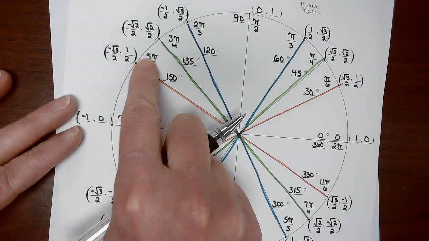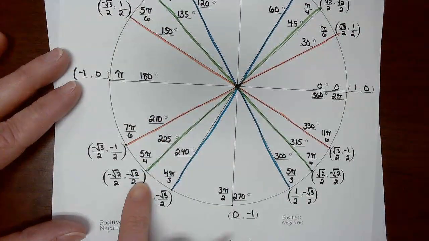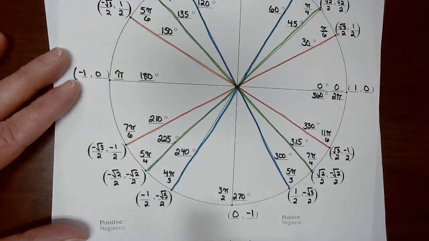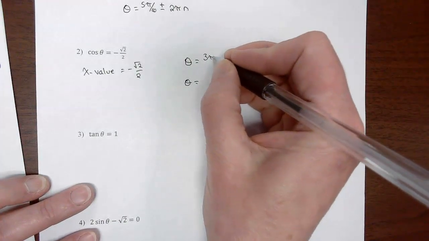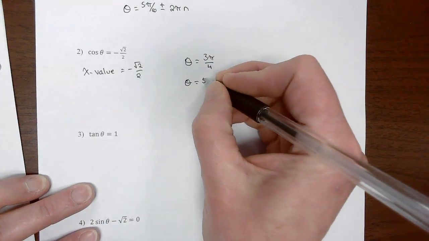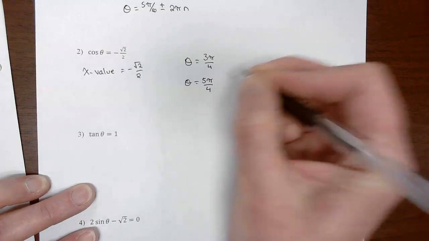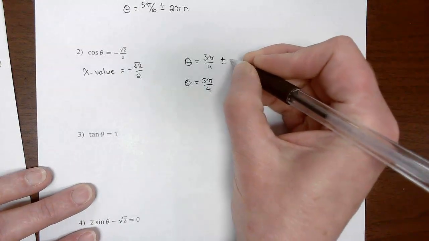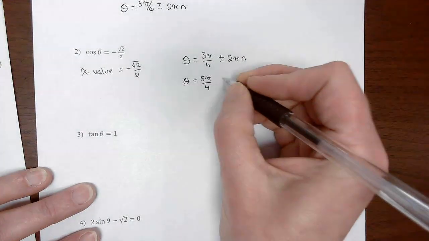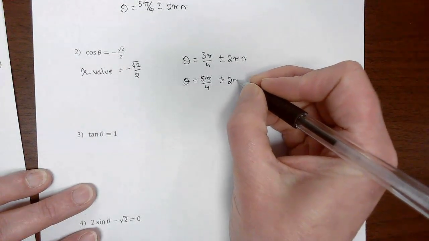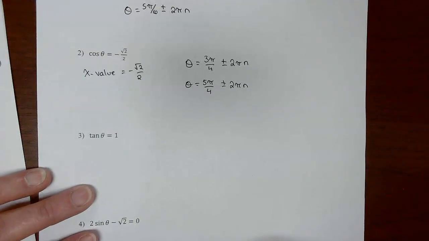Well, that's here, and down here. So 3 pi over 4 and 5 pi over 4. But we could hit it again if we go around the circle again. So plus or minus 2 pi n.